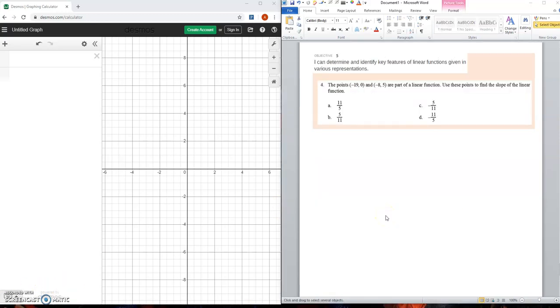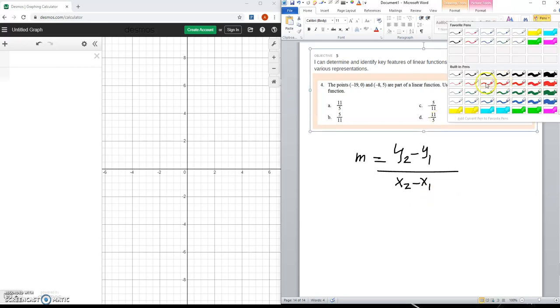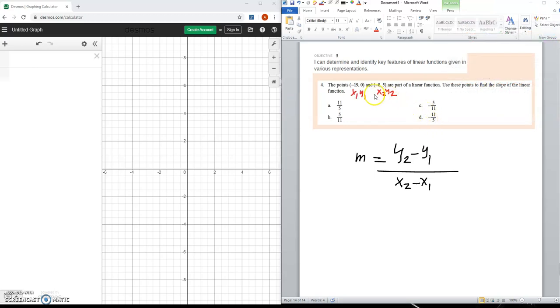For our last and final example, what's going to happen if you're given 2 coordinates? Then you're going to use the slope formula, which is slope is equal to y2 minus y1 over x2 minus x1. And all you need to do is to label. After you label your coordinates, so x1, y1, x2, y2, you're going to just substitute your values.